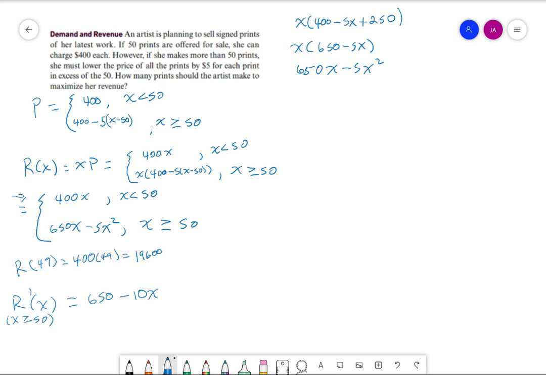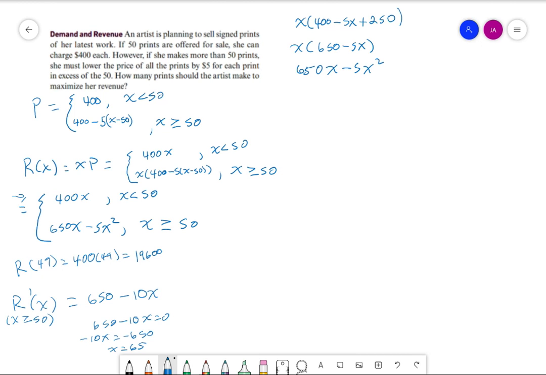Well, in this situation, we can figure out that critical value, of course, right? Set it equal to 0. 650 minus 10x is equal to 0. And so that's negative 10x is equal to negative 650, which means that x is equal to 65. Okay, great. That is the idea.